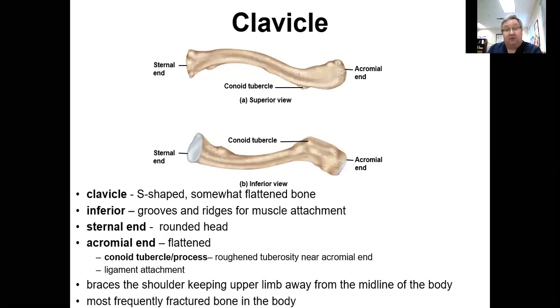So the pectoralis major has an origin at the clavicle. The sternocleidomastoid. So the sternum and the clavicle, and goes to the mastoid process. The SCM has an origin on the clavicle.